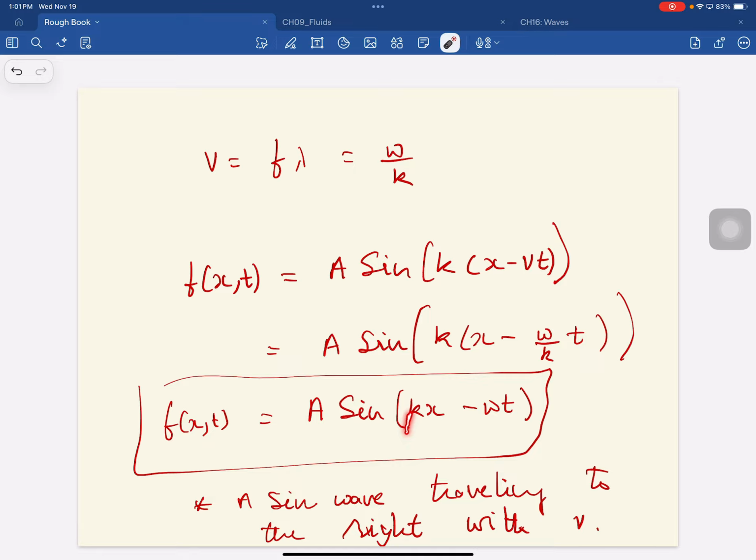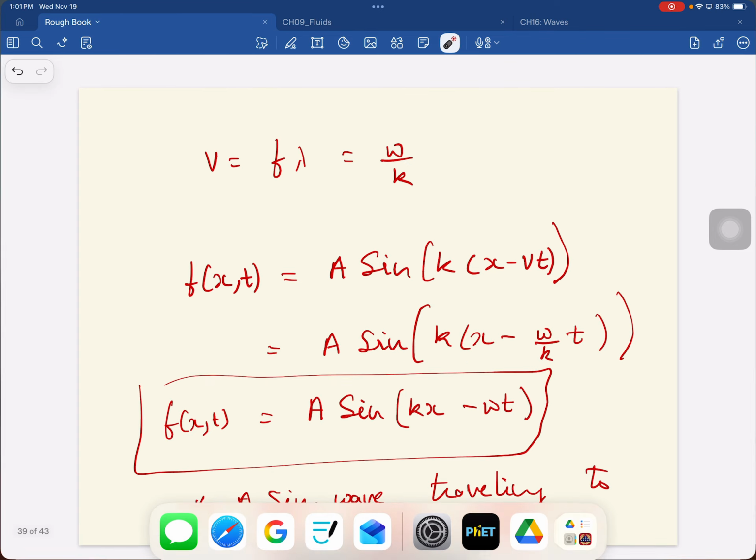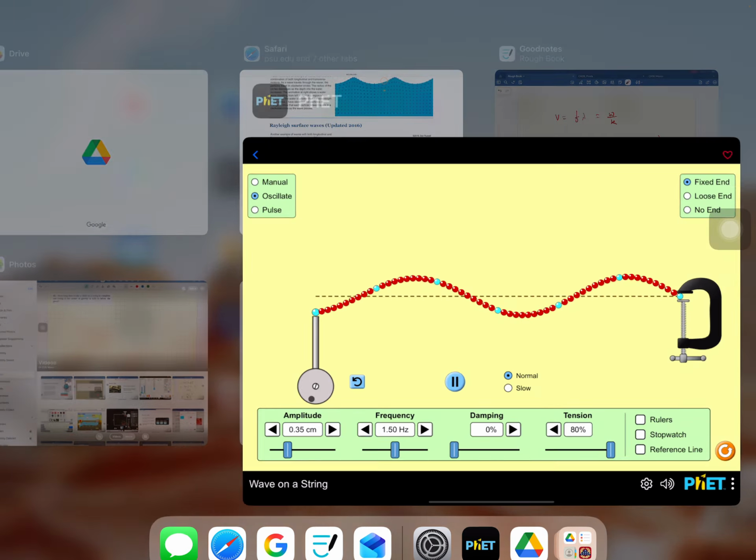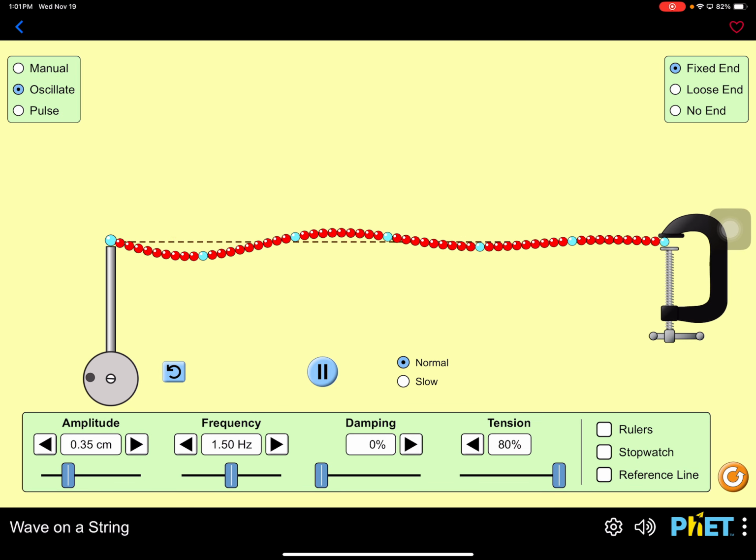This is the wave number, which is related to the wavelength of the wave. Omega is related to the frequency of the wave. And the velocity of the wave is omega by k. So in 30 seconds, you've learned to mathematically describe this. That looked pretty complicated, but now you know how to do it.